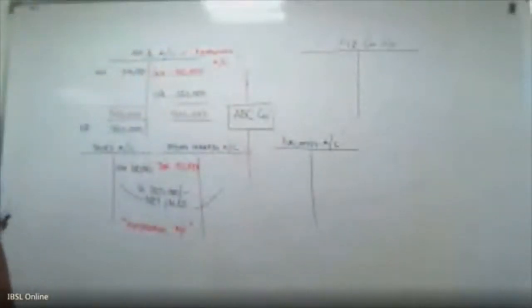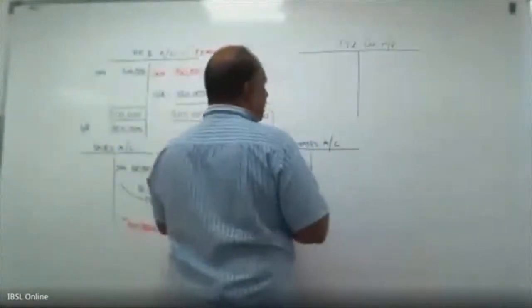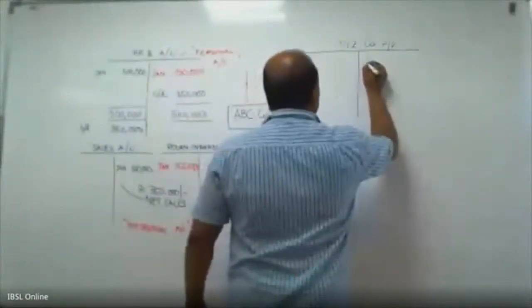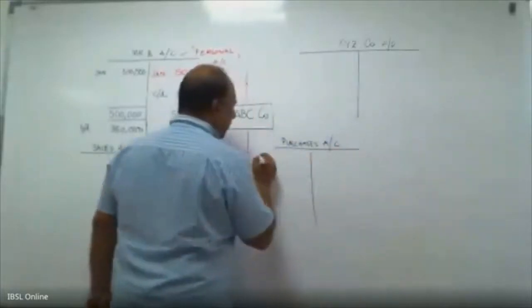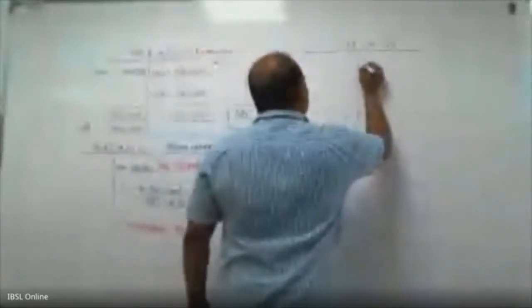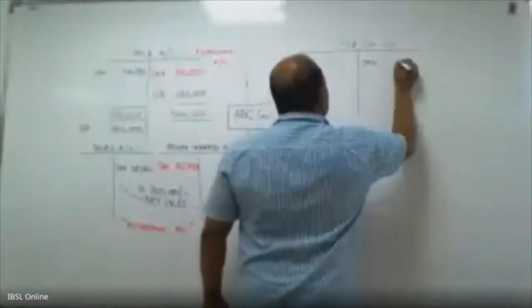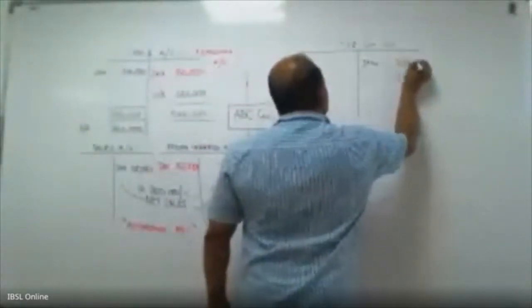So let's say ABC company did a purchase for 750,000 in January. So what will happen? You will debit purchases for 750,000 and credit XYZ company 750,000.